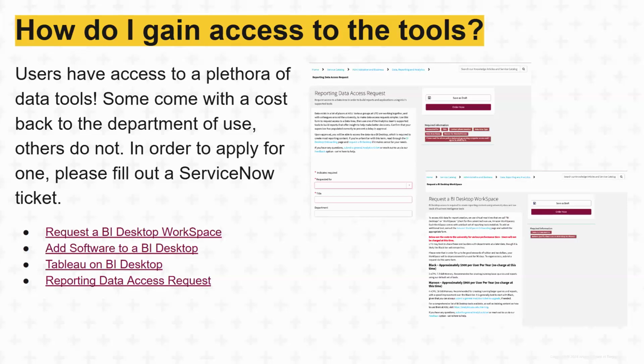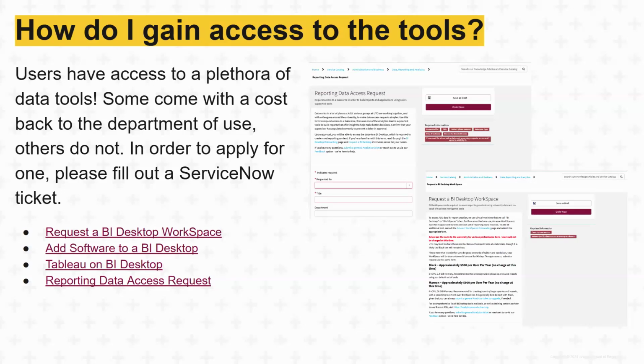So as I mentioned, how do I gain access to these tools? We have a few different ServiceNow forms linked in this presentation, which will be distributed after this. But we have our BI request a BI desktop. That's what Matt was talking about with those virtual Amazon workspaces. That's where you'll be doing your types of analysis, where all those tools are living.